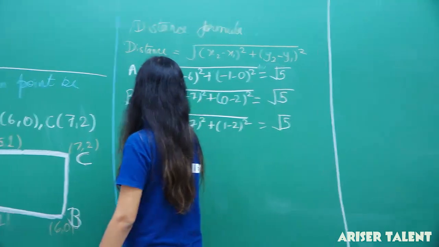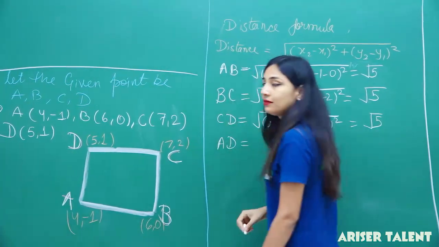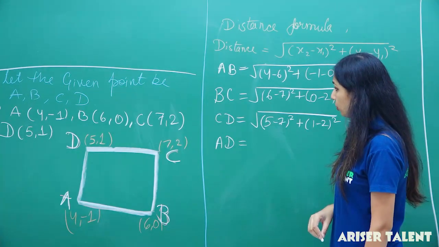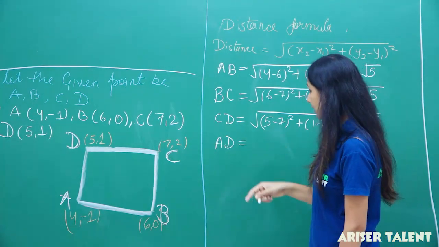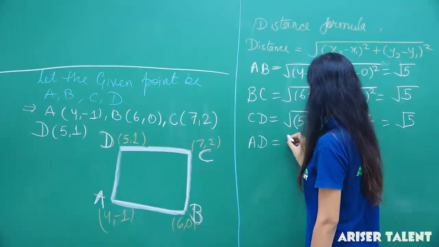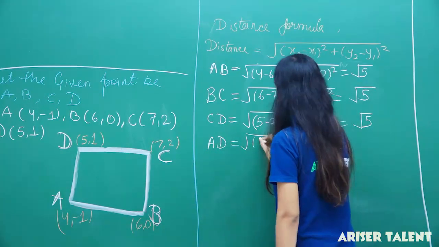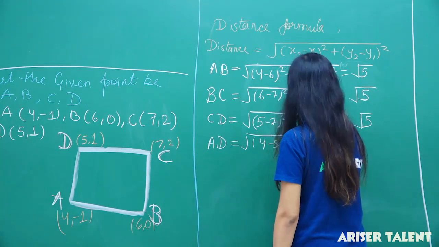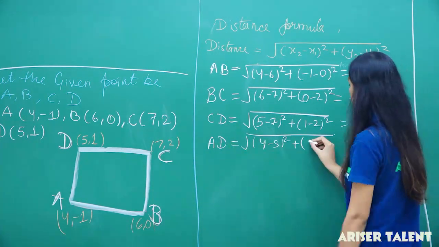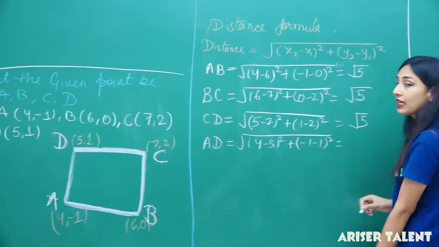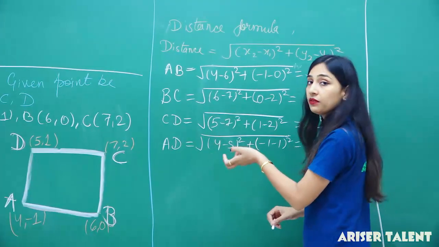That is AD here. For AD, I'll have root of A and D. So (4 minus 5) squared plus (minus 1 minus 1) squared. Clearly minus 2 squared is 4, and 4 minus 5 is minus 1, squared is 1.